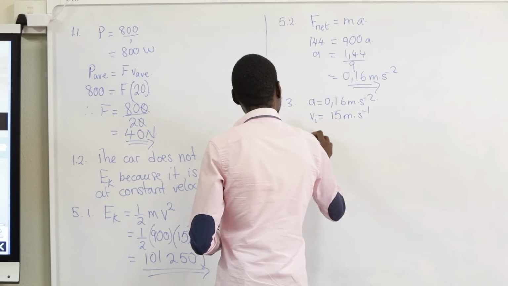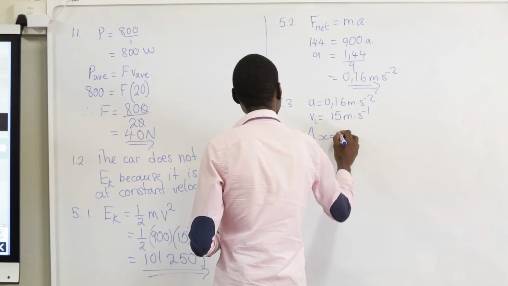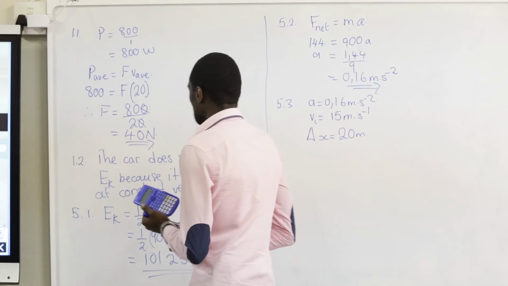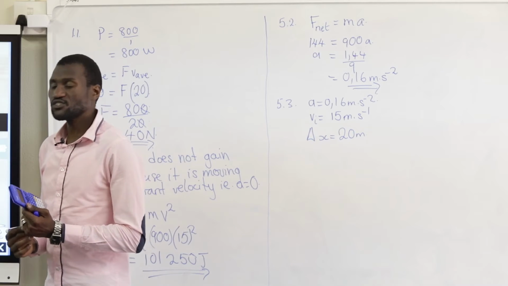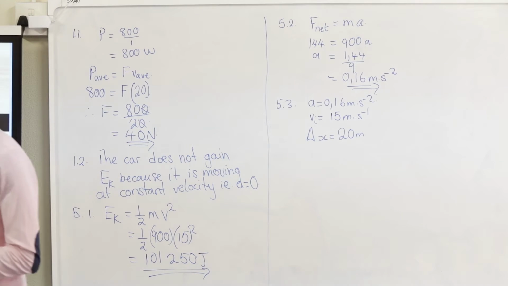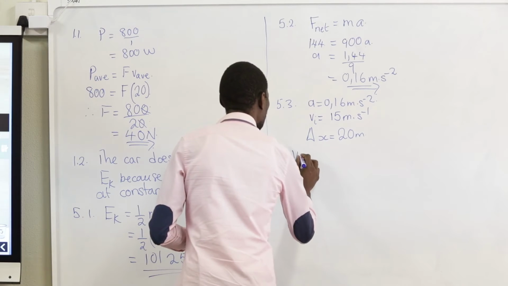We also have delta x being equal to 20 meters, right? Using those three, we can pick an equation from the equations of motion to calculate the value of V final.